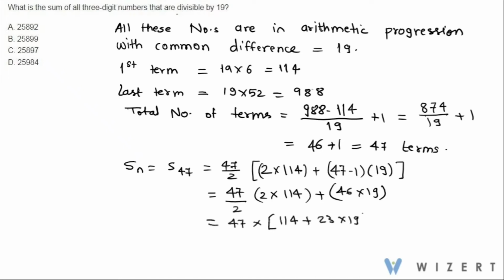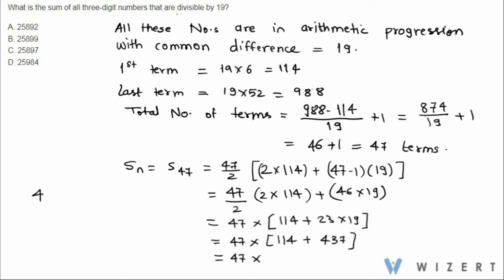I have simply reduced the calculation. Let's see, we have 47 multiplied by 19 threes are 57, so it's 7, 19 twos are 38 plus 5 is 43, so 437.